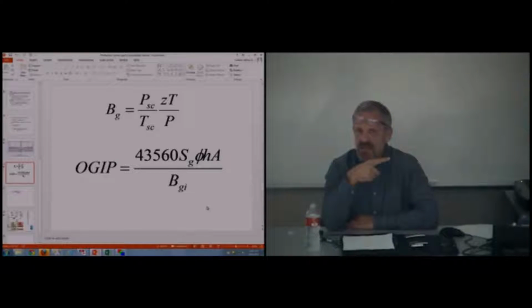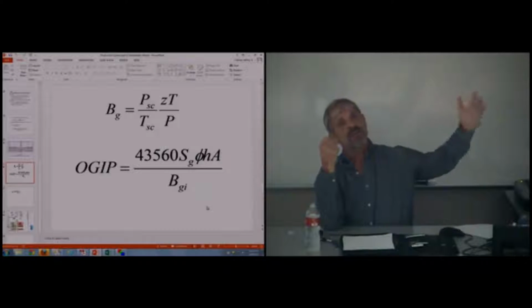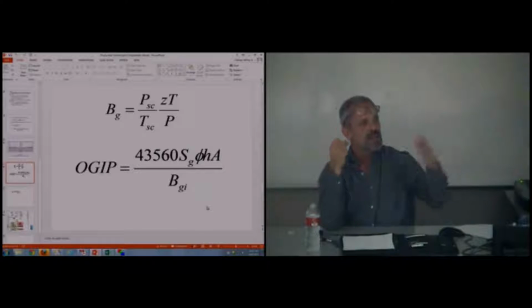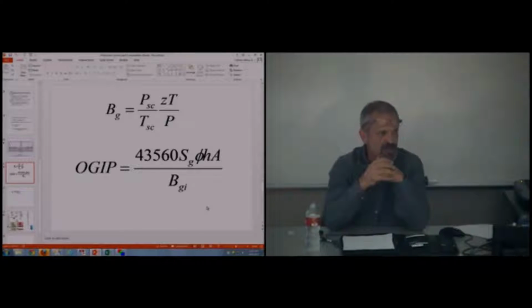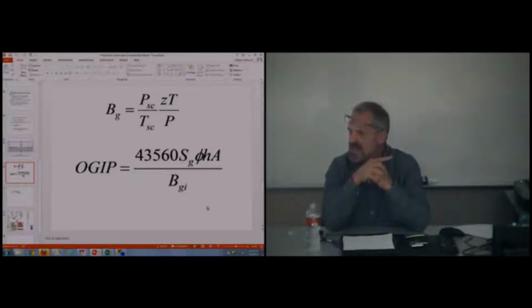So when I calculate gas in place with the SCF, I may divide by 10 to the 9th immediately and get BCF, because that's how much gas approximately is in a reservoir, is on the BCF range. So we have to watch our units. This is an SCF. We never use SCF, but it's very straightforward because height is in feet and area is in square feet.